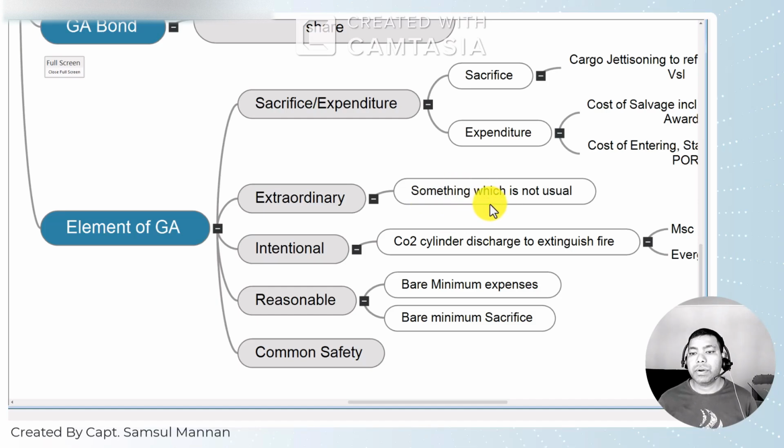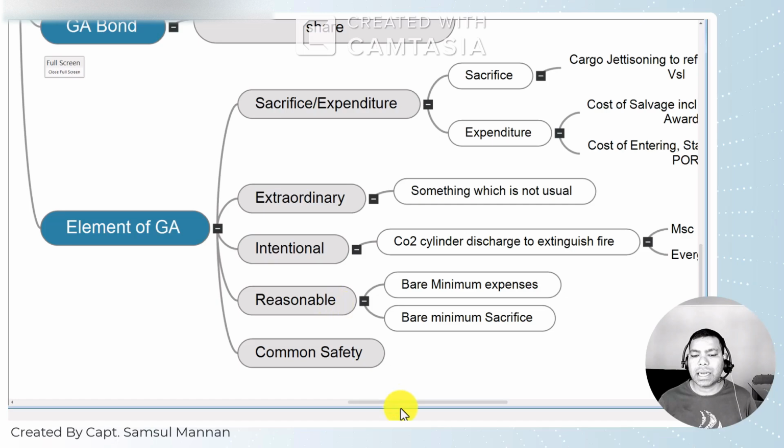But you didn't take any preparation, and due to that you have to jettison some cargo, right? So that will not fall under general average, because you already know that there will be some bad weather you will be experiencing during your voyage. So to be called general average, obviously you have to make sure that it is not usual, it is extraordinary, something which you didn't know would come, right? So that thing you need to prove.